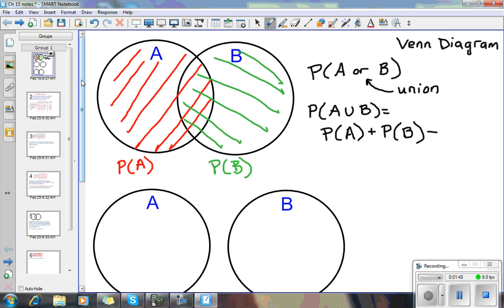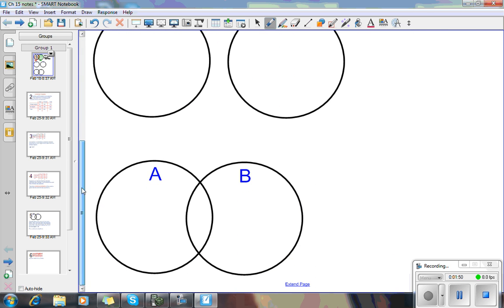I'm going to jump down here to this next, probably should have started here, and that is the probability of A and B. The probability of A and B means that both are true. So we have an event that's part of A, and at the same time it's also part of B. So this is intersection, and you could probably guess which region I'm talking about.